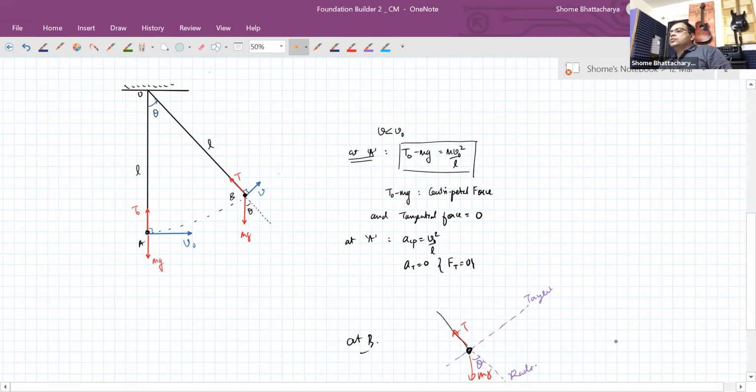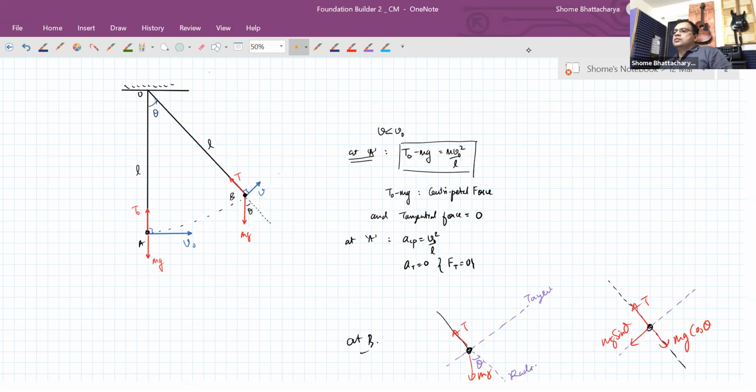So you can see that if you take the components of the weight, there is a component of weight along this direction, which is mg cos theta, and there's a component of weight in this direction, which is mg sin theta, whereas this force is tension.